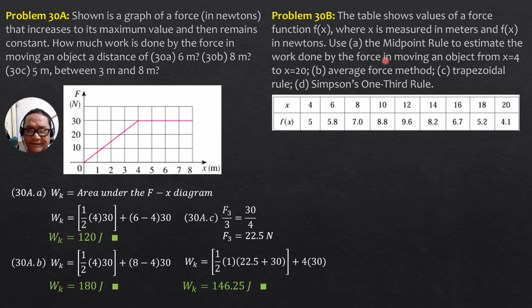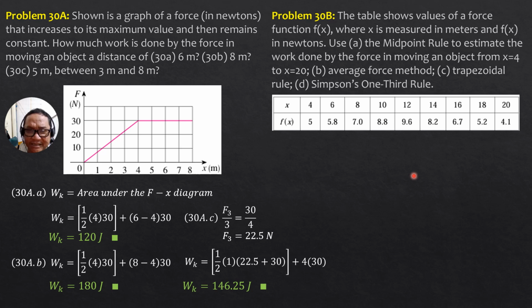So first, midpoint rule. These are the midpoints: midpoint between 8 and 12, midpoint between 12 and 16 is this, and midpoint between 16 and 20 is this. So there are 4 midpoints.